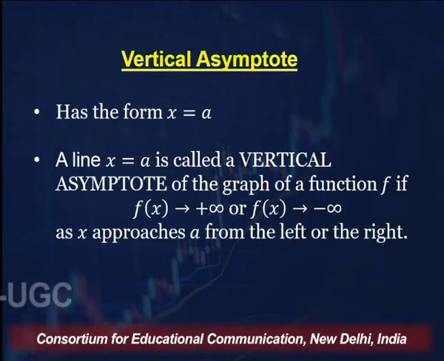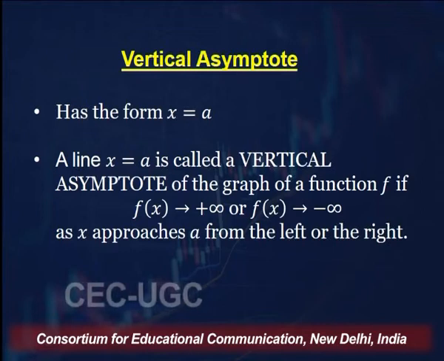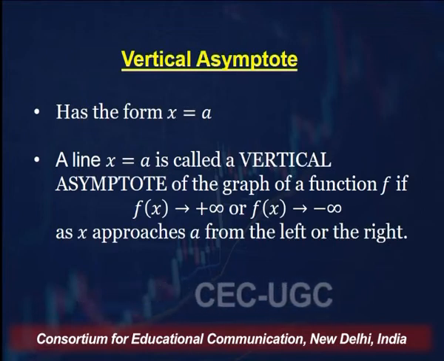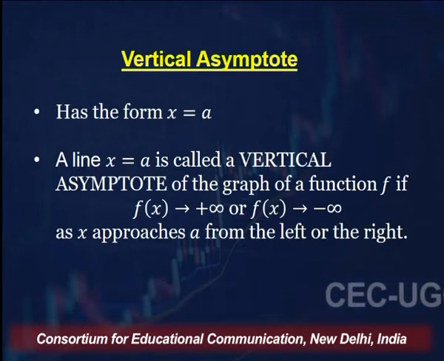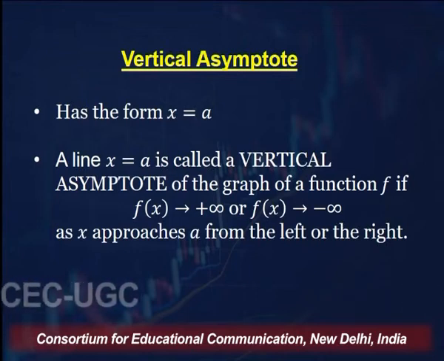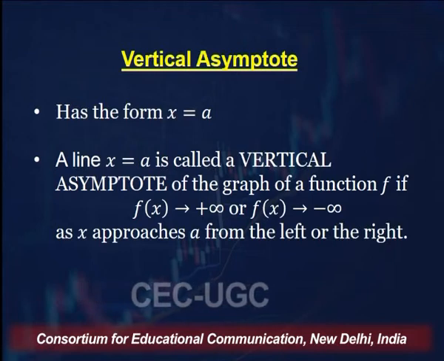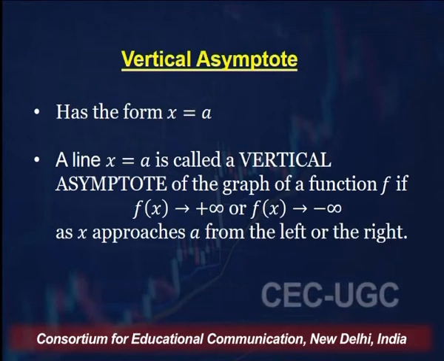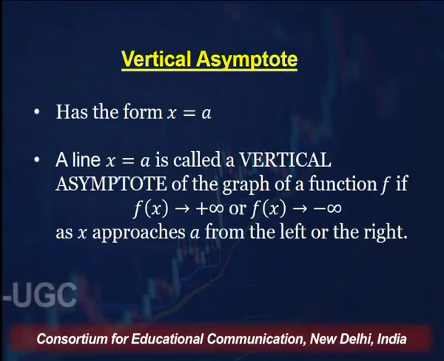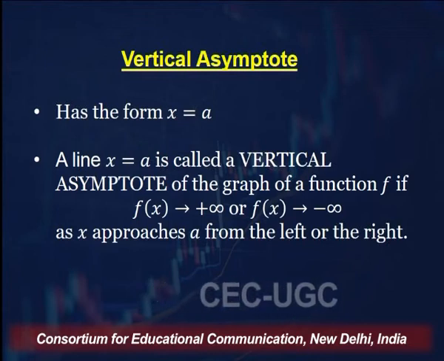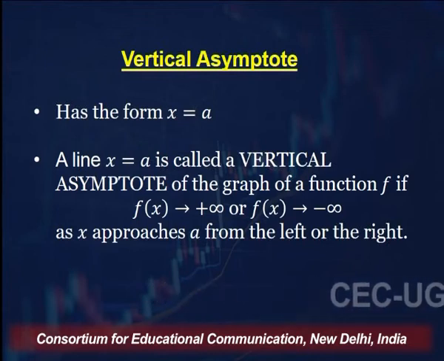Basically, your function increases without bound or decreases without bound as x approaches a either from the left or from the right. Now, what does this mean exactly? I'll show you some visuals to fix this definition in your minds. So let's first get a working sense of how we're going to use this definition.